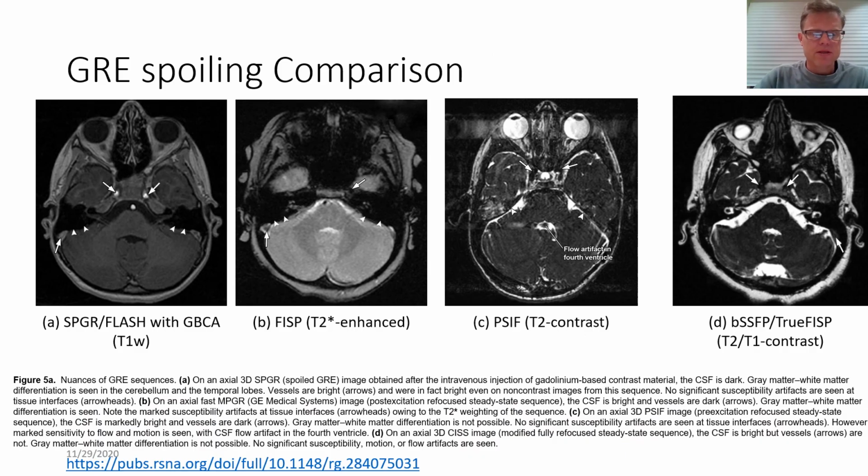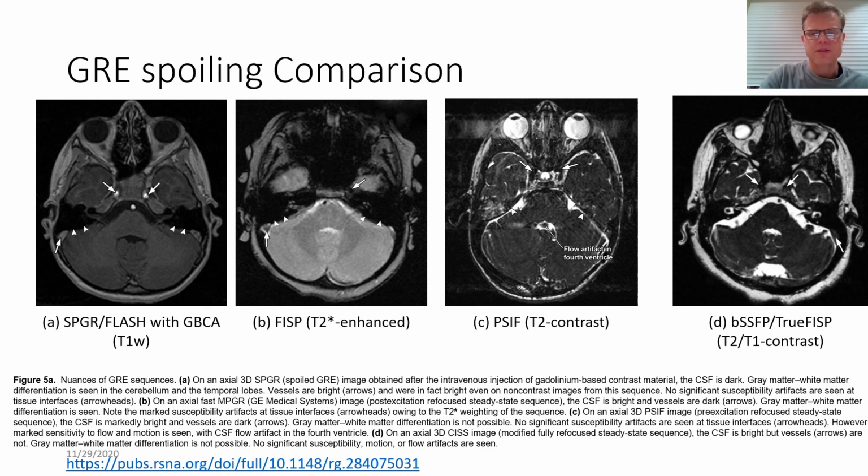And this is an interesting set of images I found from an article in Radiographics, which is a resource for education for radiologists in particular, very good for any of us learning MRI, particularly how it's used, showing some differences in the contrast between these.